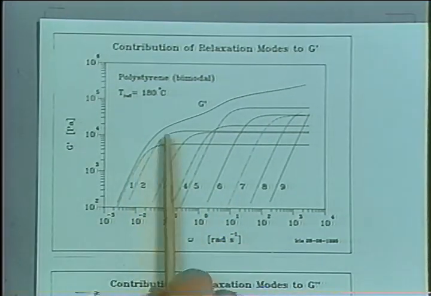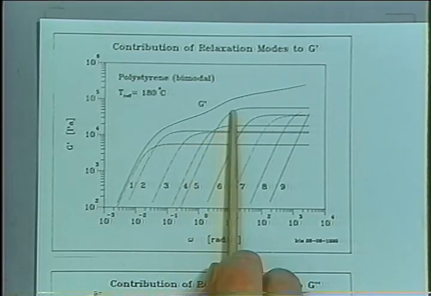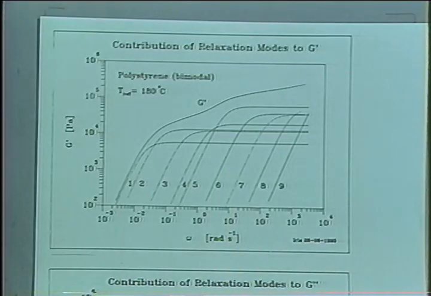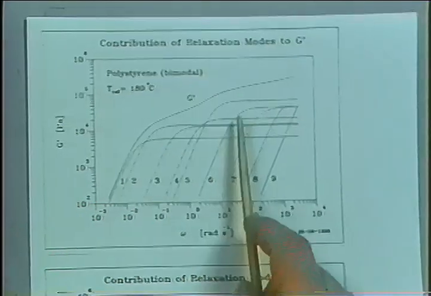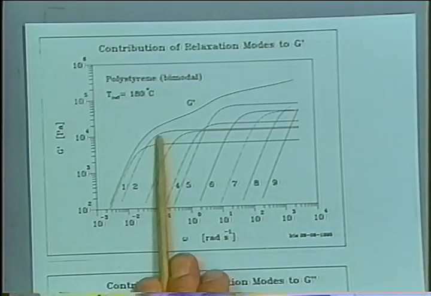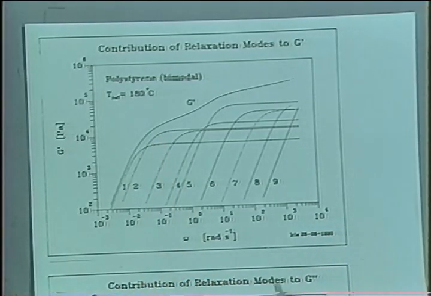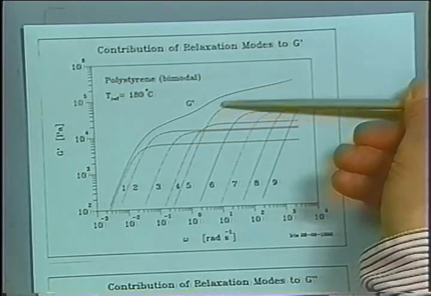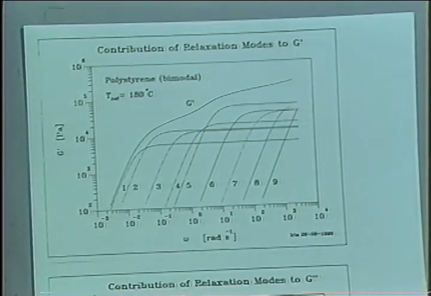And each of those modes has a breakpoint which is at a frequency 1 over its characteristic time, 1 over its Maxwell time. You know, every curve like this is a single Maxwell mode. So that's where it has its break. And somehow the total curve is carried as a sum of all those contributions.